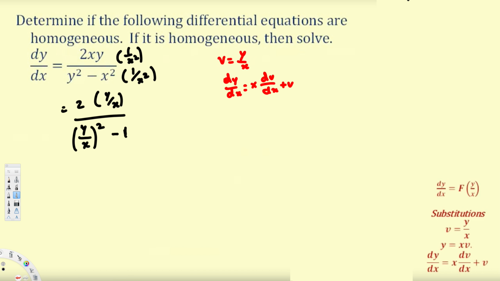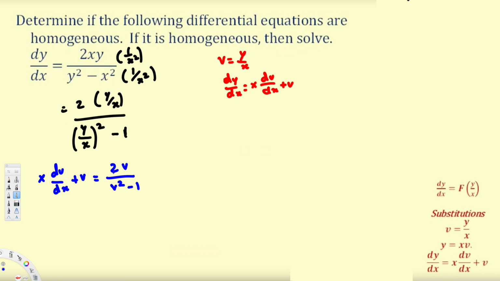So this is going to be x dv by dx plus v, and on the other side of the equation we are going to have 2, and instead of y over x we are going to plug in v right here, and in the bottom we are going to have v square minus 1, right? So this is what we have right now.